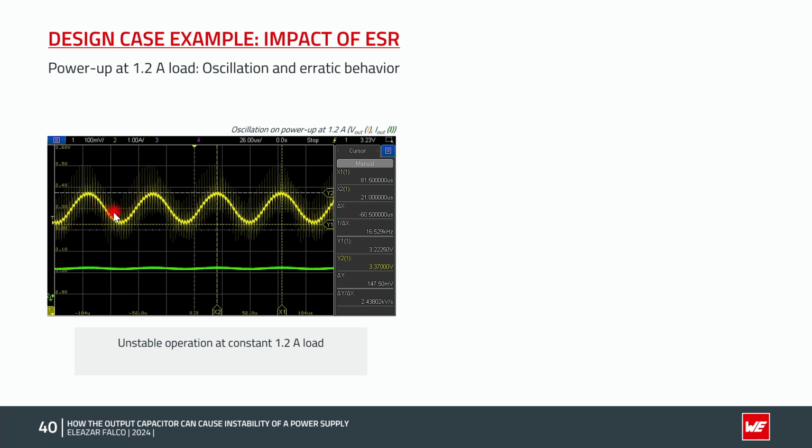And furthermore, we can see the voltage spikes which happen during the switching transitions. Now, the oscillation frequency that we observe is around 16.5 kHz, and the amplitude is around 150 millivolts. And this is riding on top of the 3.3 volt output voltage. You can see here the legend on the left.